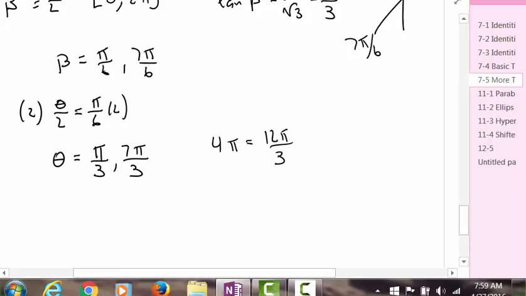Like how do we go from pi to 7 pi? We added 6 pi, right, to the numerator. So if I add 6 pi to 7 pi, where would I be? 13. Is 13 bigger than 12 pi thirds? Okay, so are my two angles the only two between 0 and 4 pi?